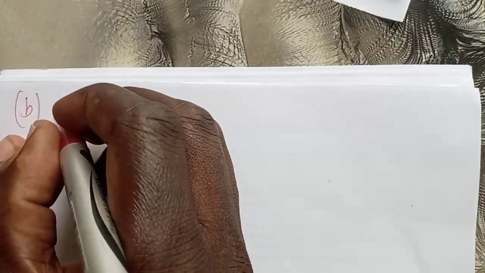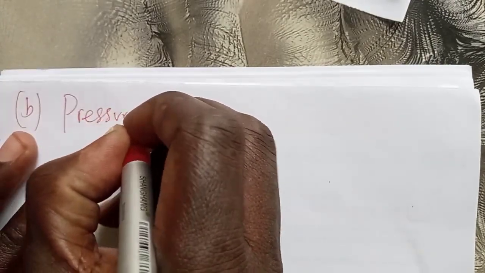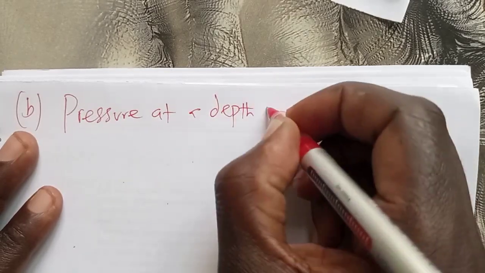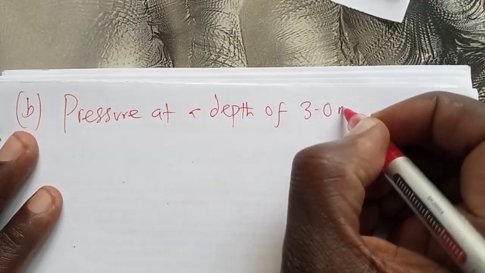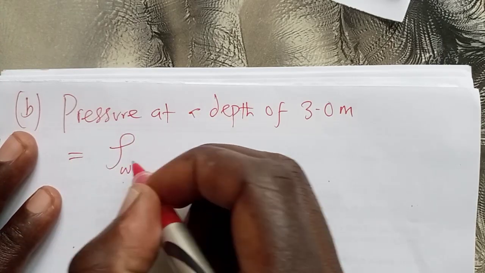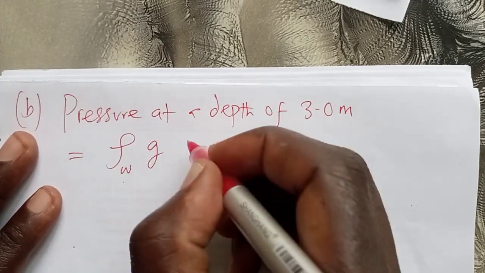So for part B of the problem, we say the pressure at a depth of 3.0 meters is equal to rho g h, since it is water.